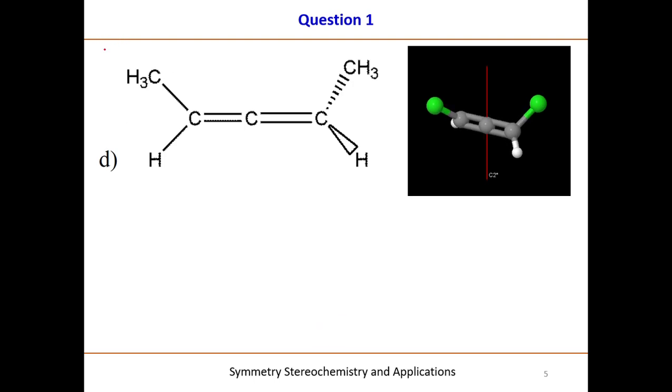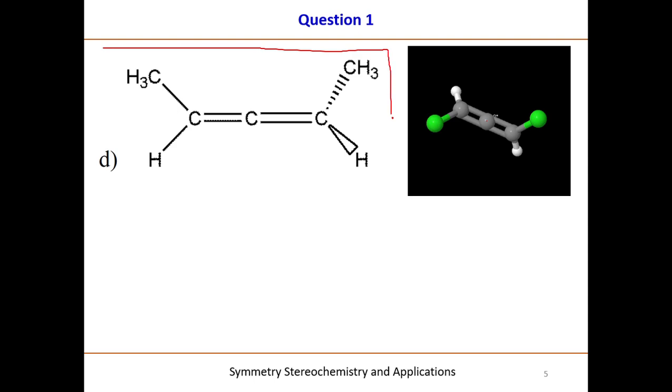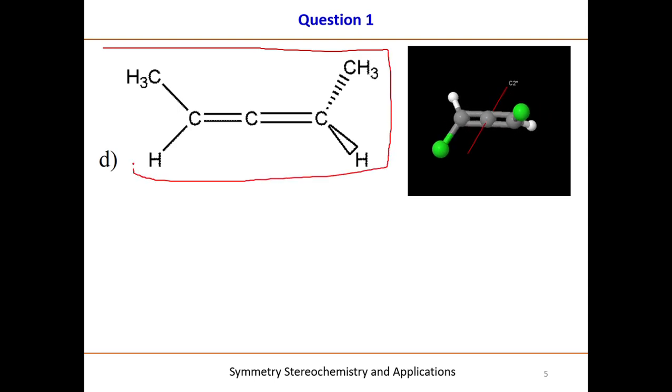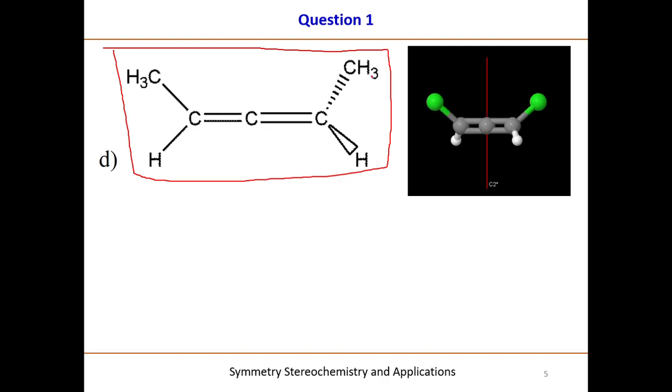If we pass the plane like this one, what will happen? All the molecules will reflect behind the plane. So this is the back side of the plane. These atoms are on the plane, but this is the back side of the plane.